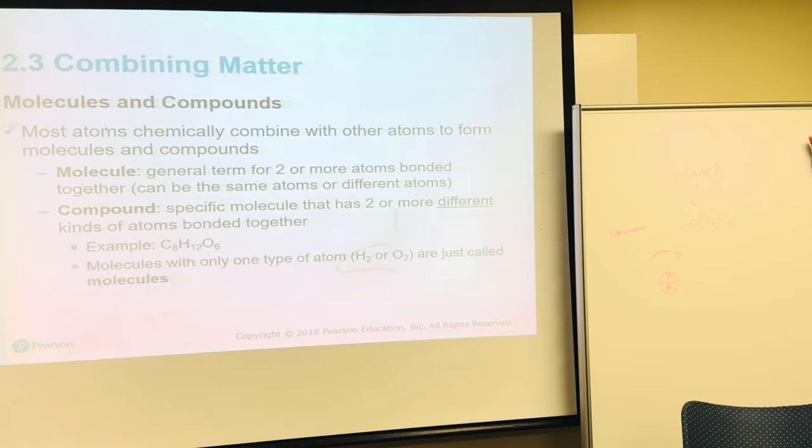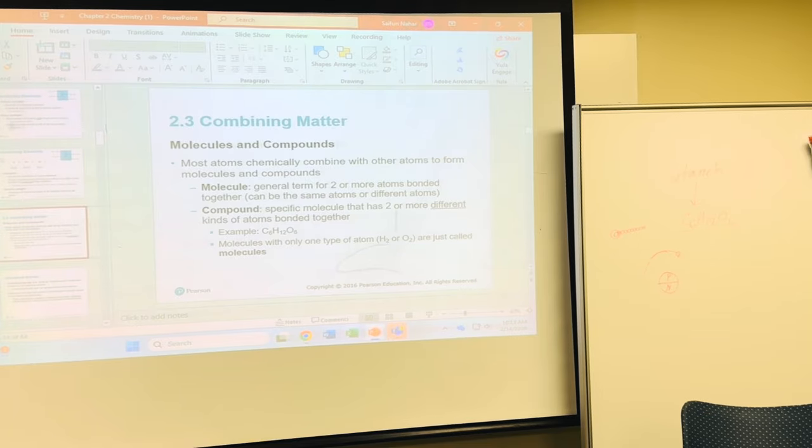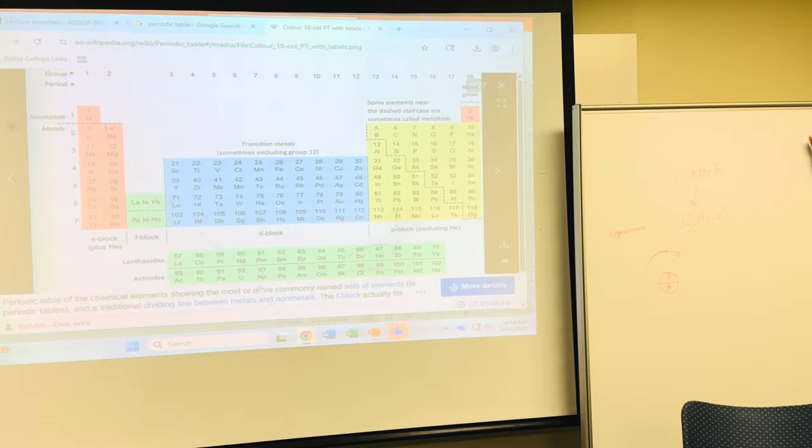Does anybody have any question about the atoms and elements? Electron number, proton number and neutron number? One thing I did not tell you about the electron number, which is very important to understand: if you look at this periodic table right here, when we say hydrogen has one proton, hydrogen also has one electron.